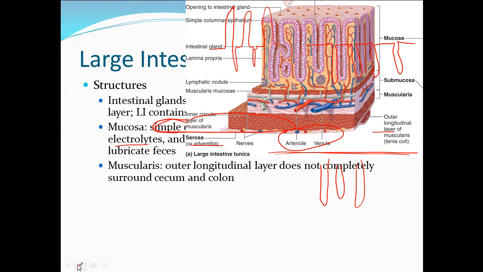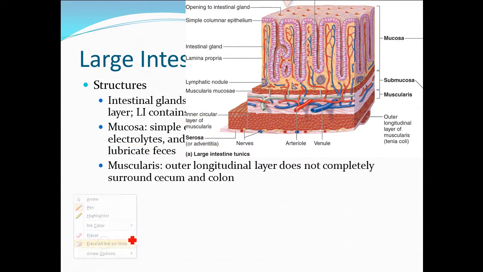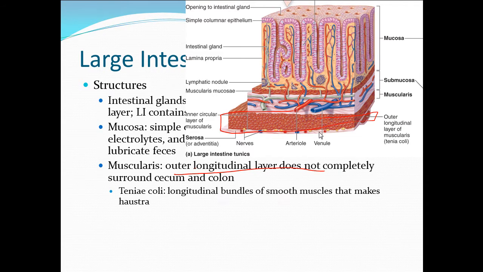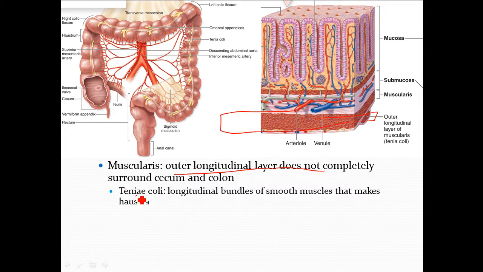Then we have the muscularis over here, which is just the outer longitudinal layer. Okay, the outer longitudinal layer is complete. Right, the muscularis externa. And then this muscularis externa is just the outer longitudinal layer. There is the tinea coli, right?